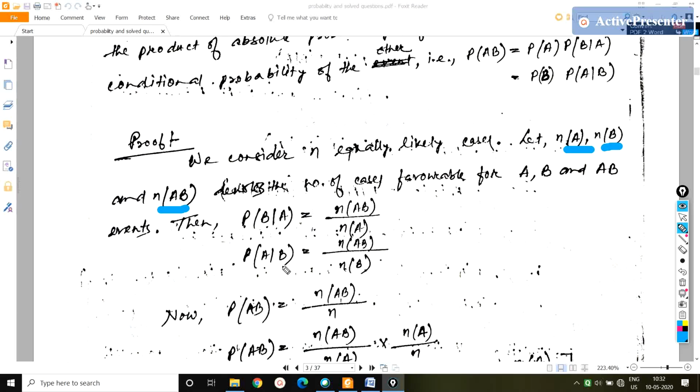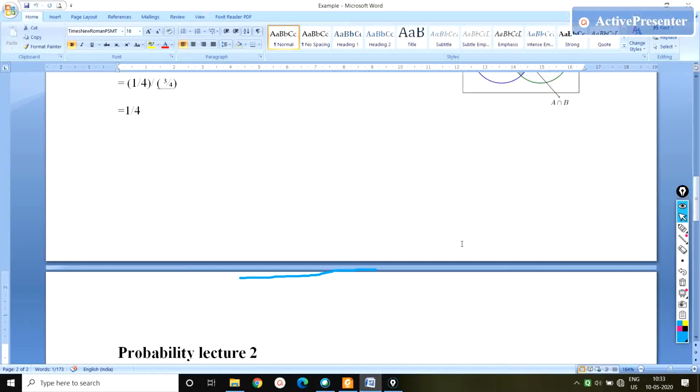The probability of A given B can be written as n(AB) by n(B). Now how is this possible? How can you tell that the probability of A given B is equal to n(AB) by n(B)? For this we need to go to another slide, which I am going to show you here.